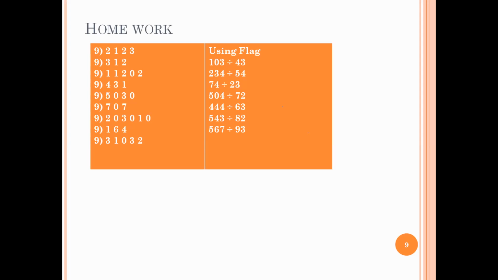See, even this sum: 20, 30, 10 divided by 9. Very simple.